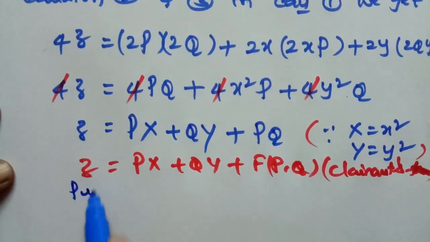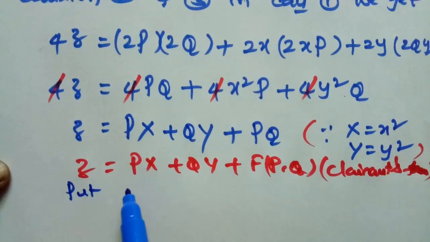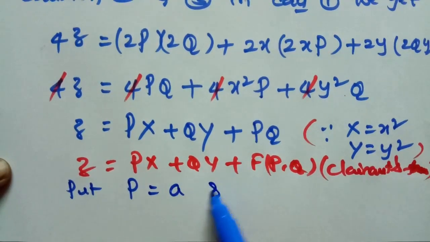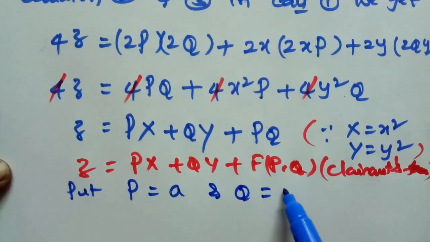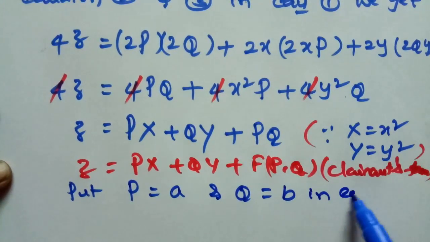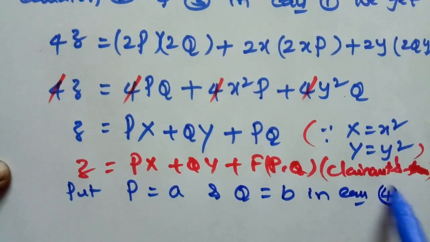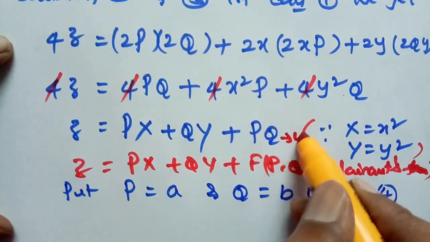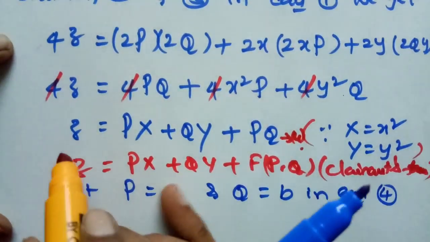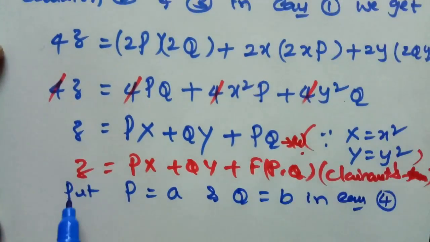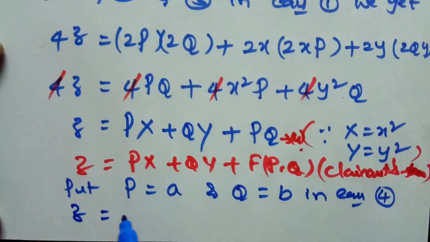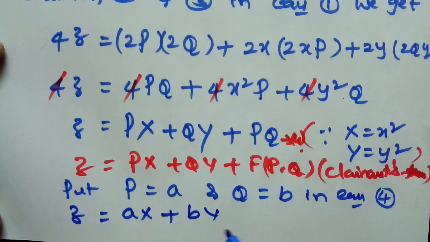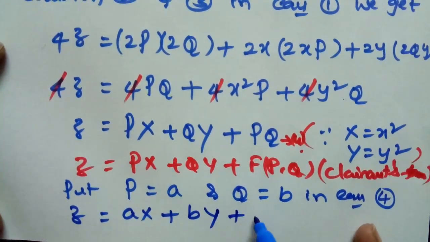Therefore, the substitution is here. Put capital P is equal to a and capital Q is equal to b in equation 4. Therefore, we get z is equal to a into capital X plus b into capital Y plus ab.